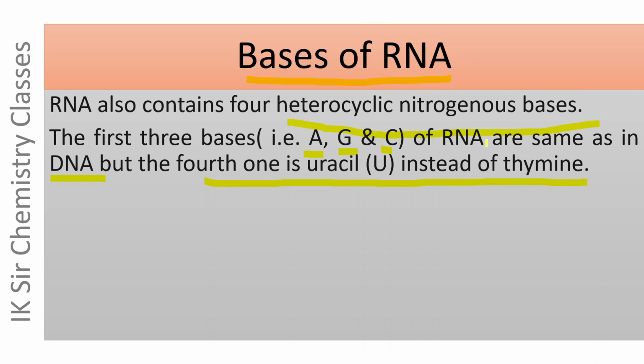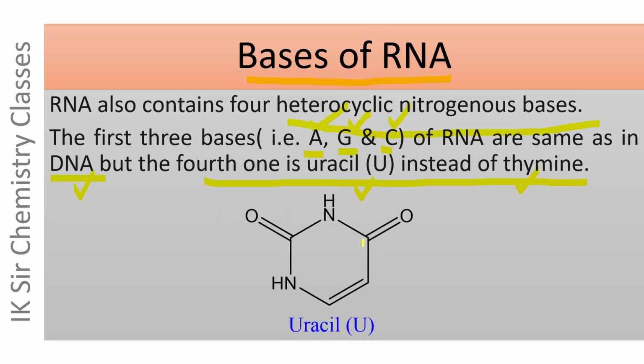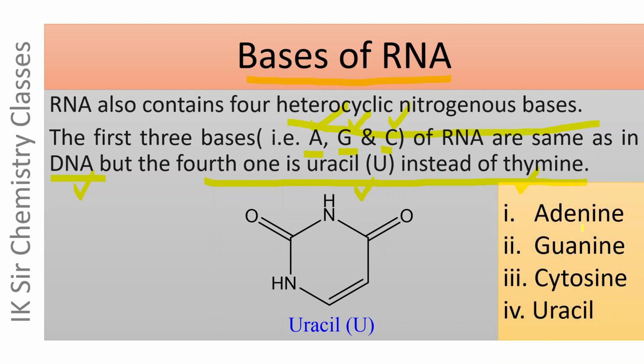The formula of uracil is given here. It is obvious that RNA contains four bases: adenine, guanine, cytosine, and uracil.